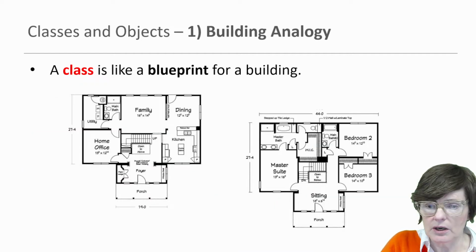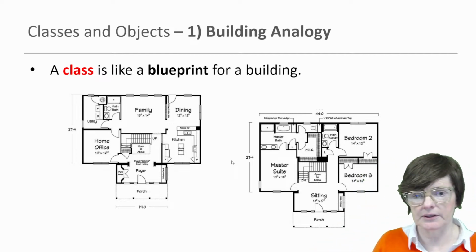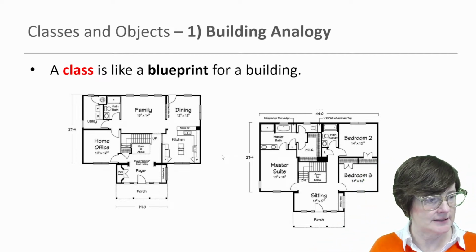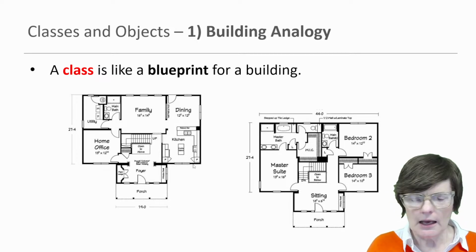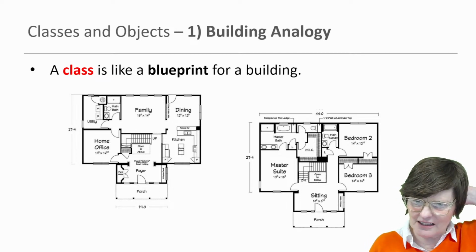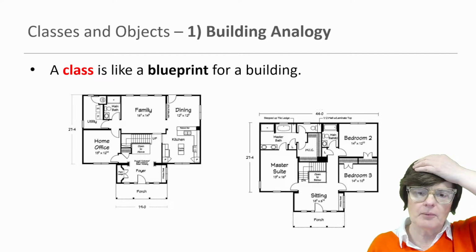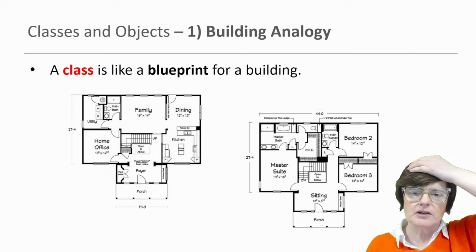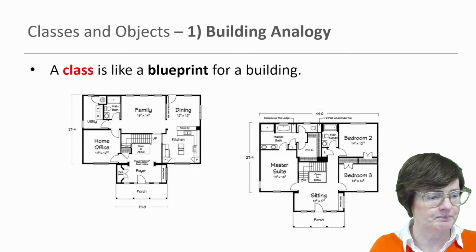Okay, so a class is like a blueprint for a building. There was a very famous thing in the 1970s when people were designing their own houses. There were so many people building things that somebody decided to publish a book of about ten designs, I think all bungalows at the time.